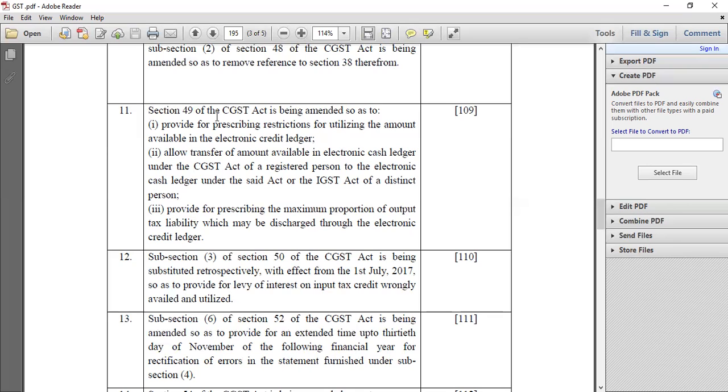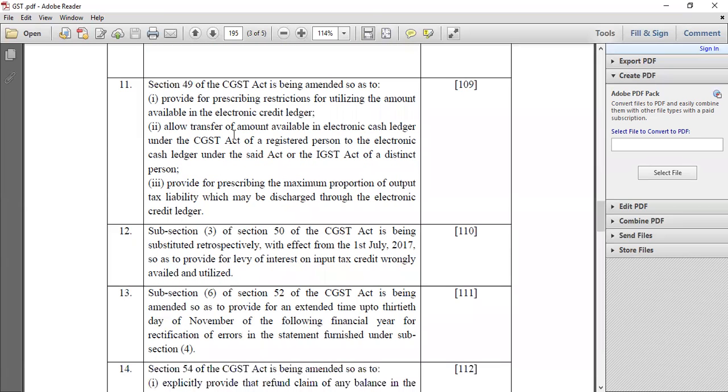Further, section 49 of CGST Act is being amended to allow transfer of amount available in electronic cash ledger under the CGST Act of a registered person to the electronic cash ledger under this Act or the IGST Act of a distinct person. A distinct person means two GST registrations based on a single PAN, permanent account number.